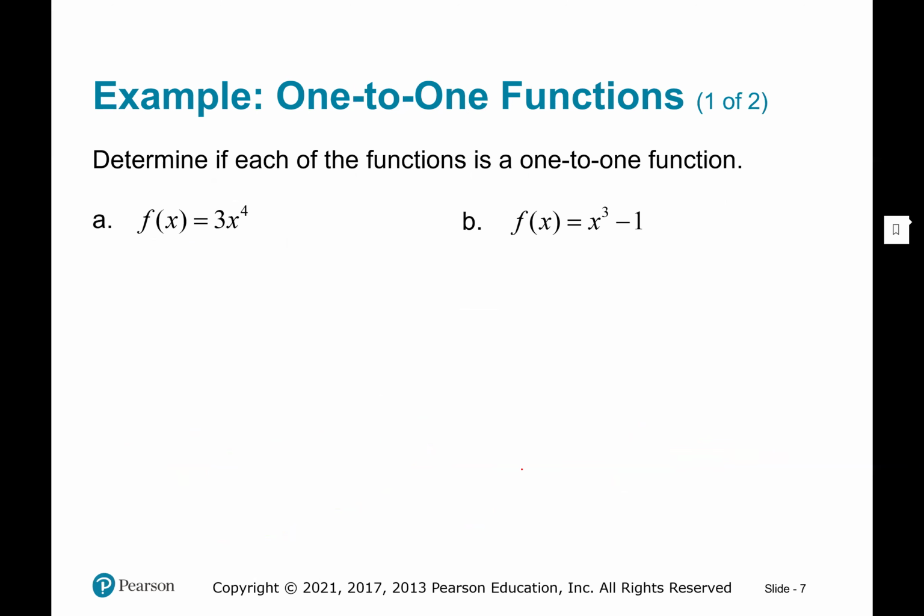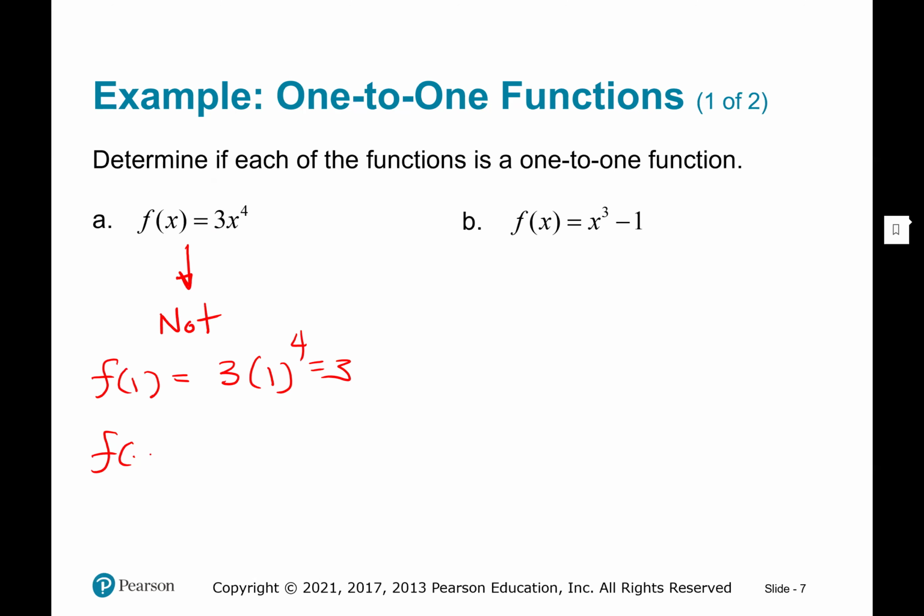So are these functions one-to-one? This is not. How do I know that? Easiest way to do this is evaluate this at -1 and +1. So what's f of 1? Is that 3?